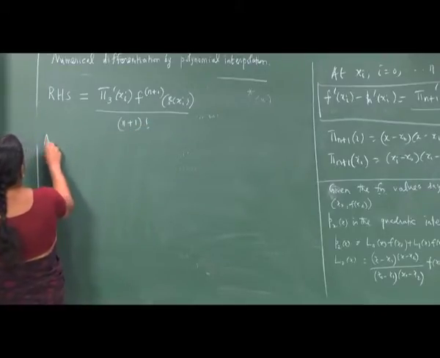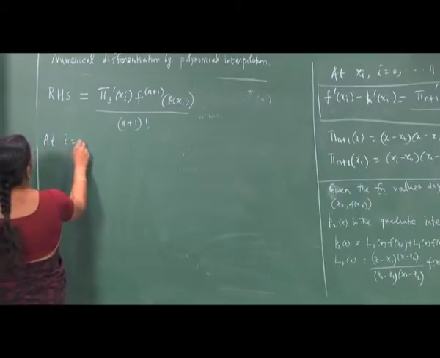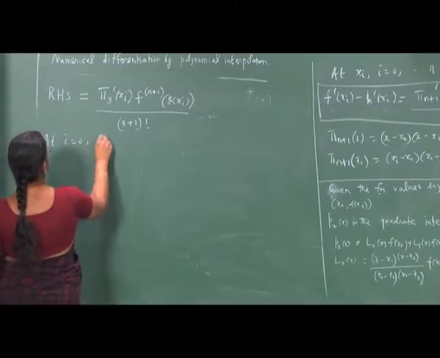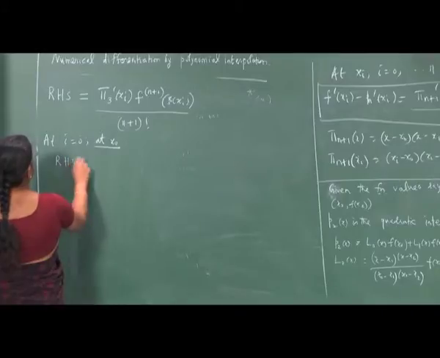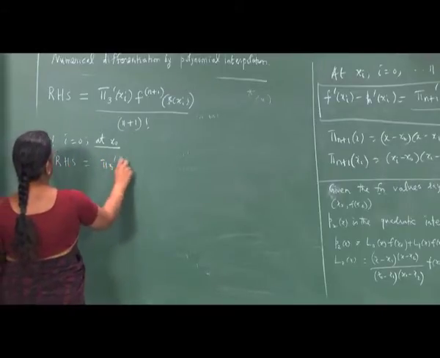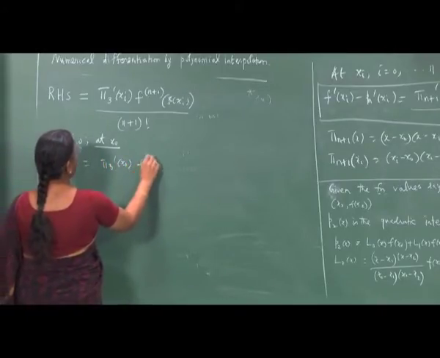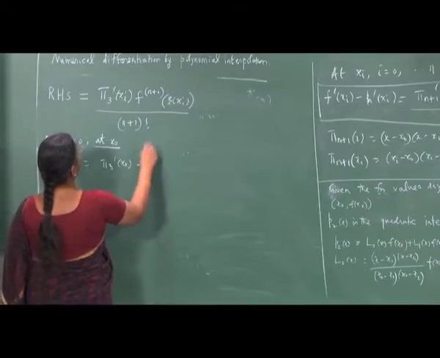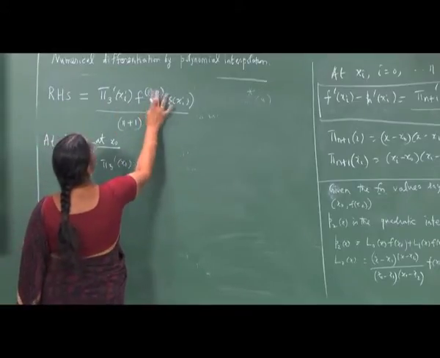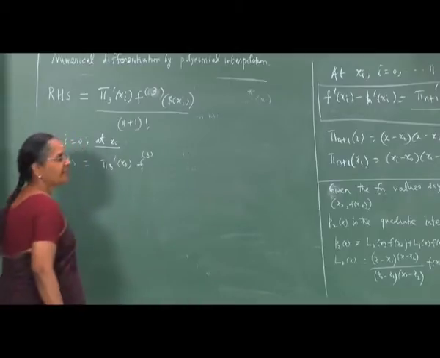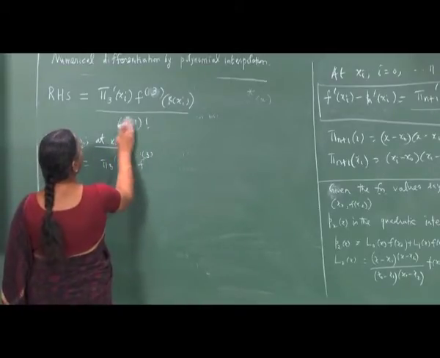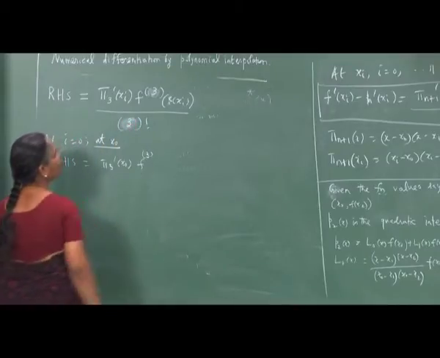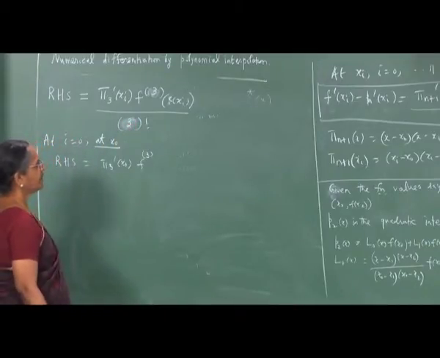Let us evaluate at i equal to 0, namely at x naught. The right hand side will be pi 3 dashed at x naught into the third derivative, so here again n is 2, divided by 3 factorial.